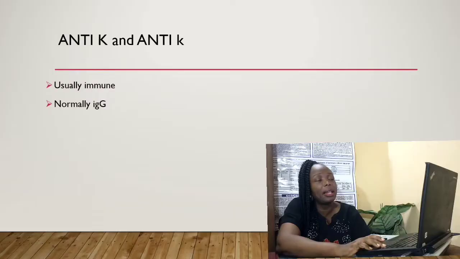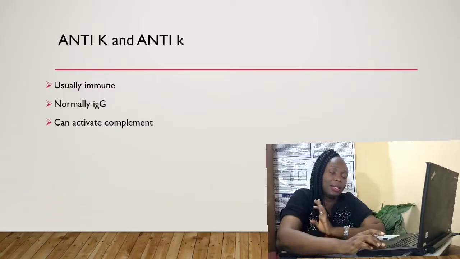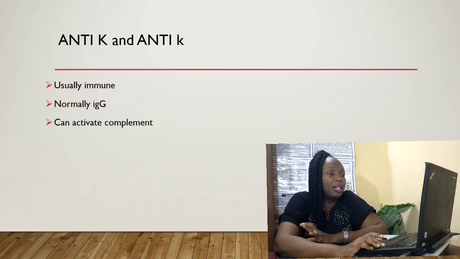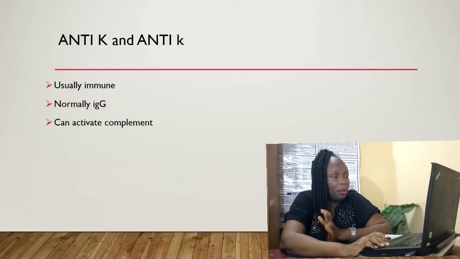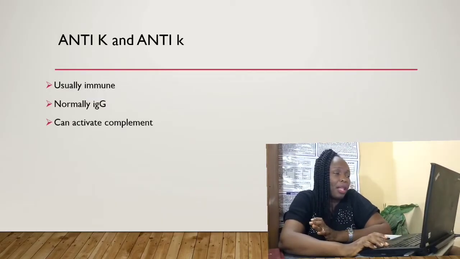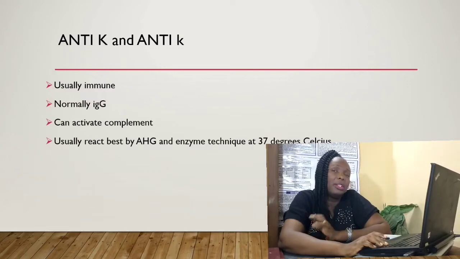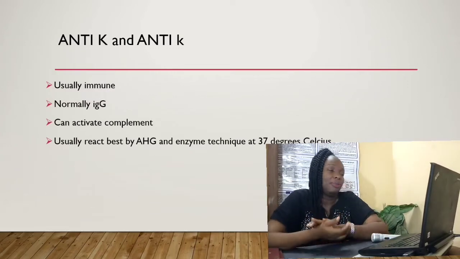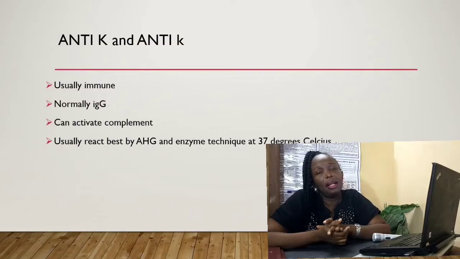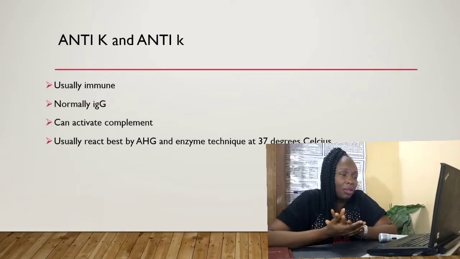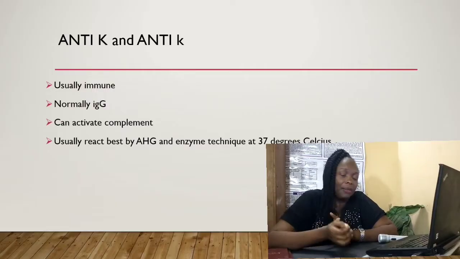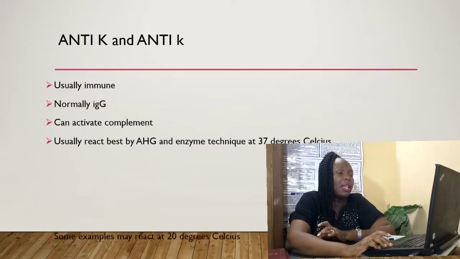Anti-K and anti-k, like I said earlier, are usually immune antibodies. Normally, they are IgG and can activate complement. They usually react best at the AHG, anti-human globulin phase, and with the enzyme technique at 37 degrees Celsius.